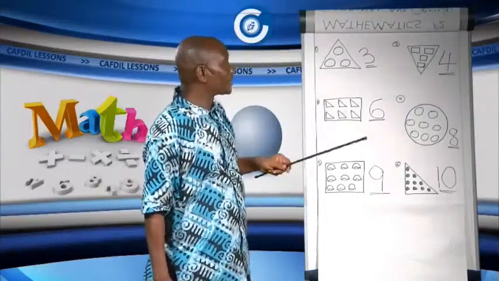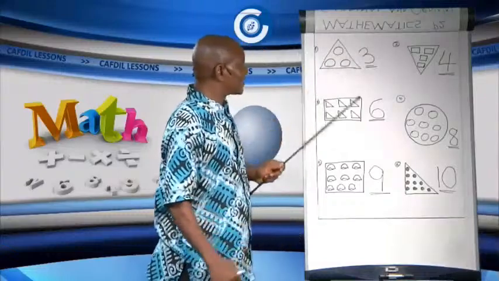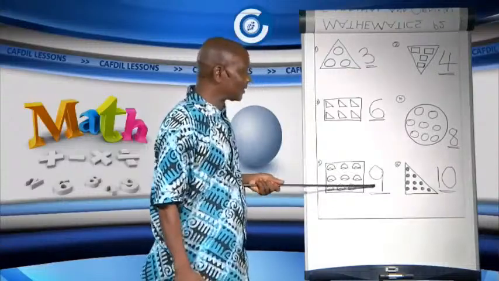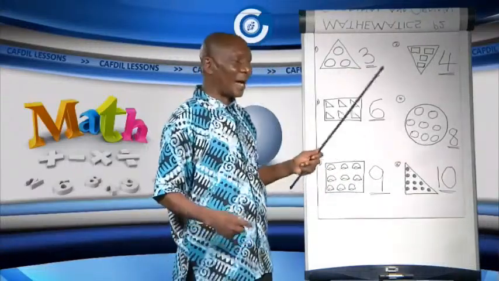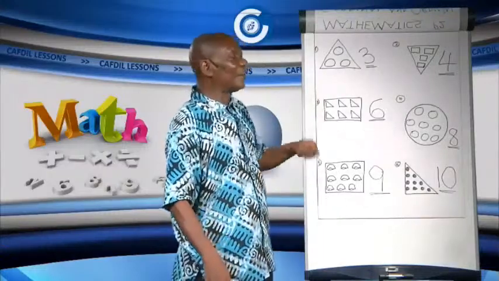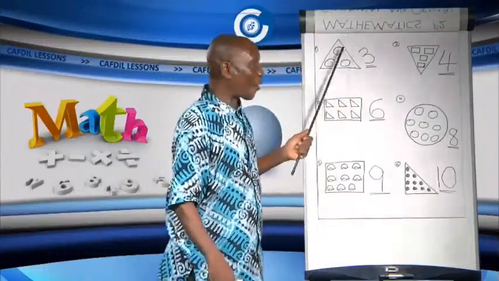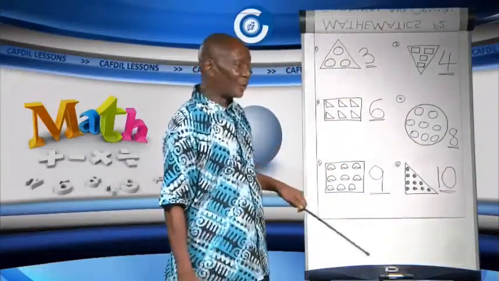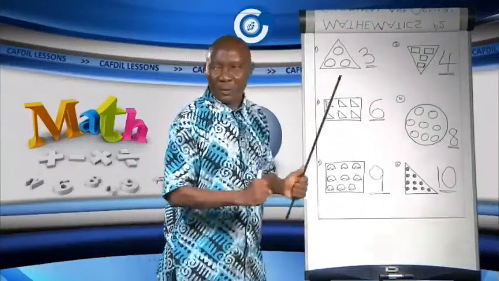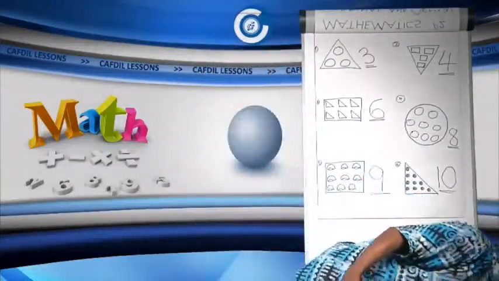So all the numbers 3, 4, 6, 8, 9, 10, they are all cardinal numbers. There are other numbers, 15, 20, 75, 80, they are all cardinal numbers because they talk about how many, or they talk about quantity.